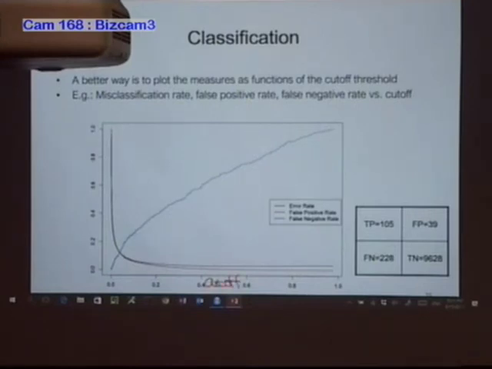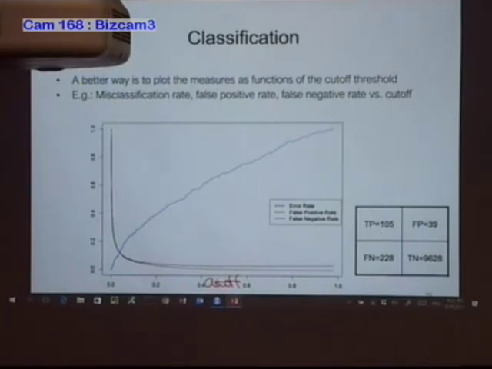It tried many values. For each cutoff value, it calculates the corresponding number of true positives and false positives, all these things. Then it converts those to error rates: the misclassification rate, false positive rate, false negative rate, whatever you like. There's a big collection of measures you can choose from.